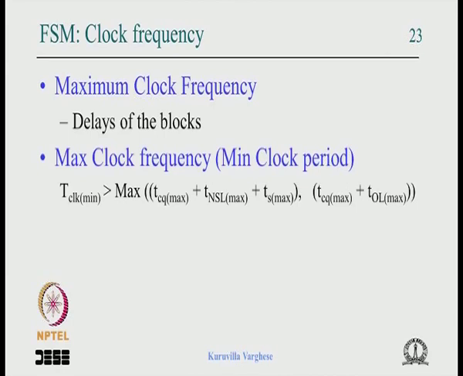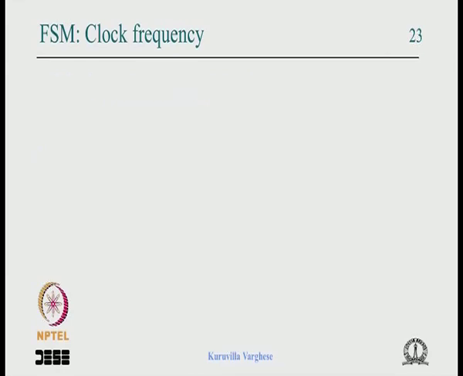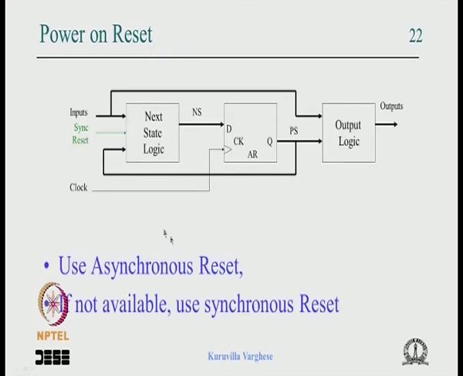Maybe when we work with the tool I will show you how to do that. So that is the maximum clock frequency, but we said there is no point in clocking at the maximum clock frequency because it dissipates a lot of power. Moreover, we have some data path which is being controlled by this controller. All these inputs are coming from somewhere in the data path, and these outputs are going to the data path.